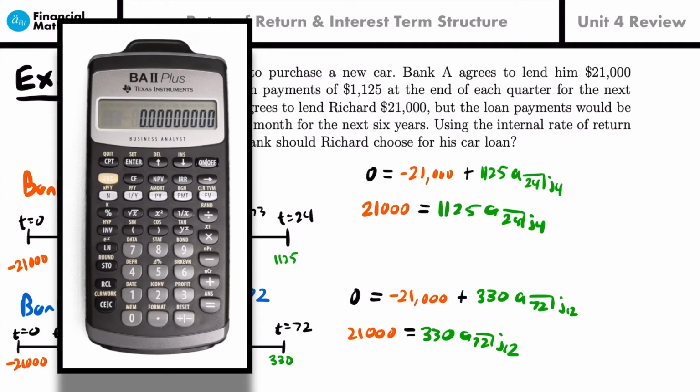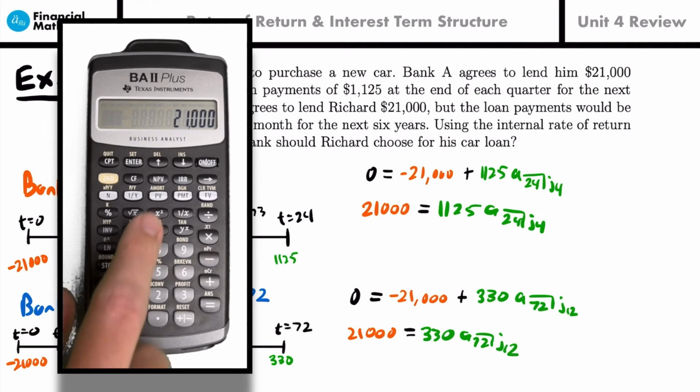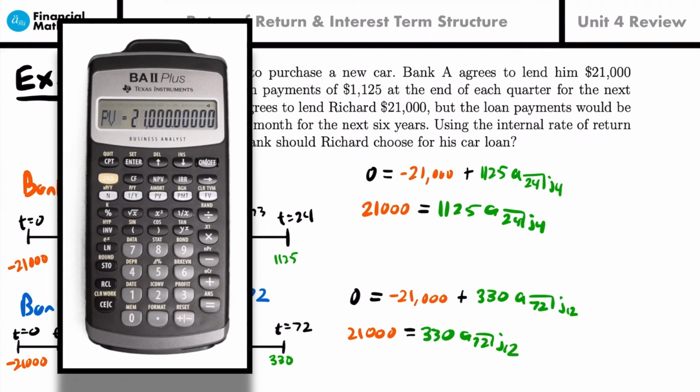Okay, but in this case, for this equation right here, for Bank A, $21,000 is our present value. So I'm going to punch in 21,000, and then I'm going to make that the present value by hitting present value. Then our payments are $1,125. Now, when you put in both the present value and the payment amount, one of them must be negative in the calculator, just like how one of them had to be negative in this net present value equation.